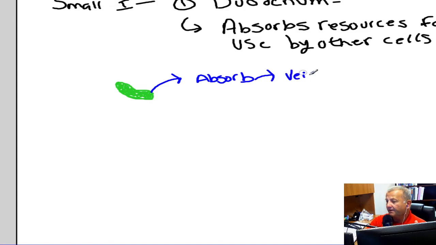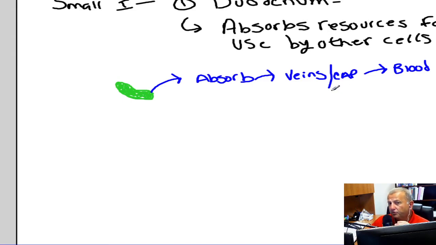It has some veins and venules inside those small intestines, and it's going to absorb it and send it into the bloodstream where those nutrients can be used to feed the cell. So it absorbs through veins and capillaries, and then those go to the bloodstream, so that we can take those nutrients besides oxygen. That's part of perfusion. It's to deliver oxygen and nutrients, and the removal of waste meets the definition of perfusion.